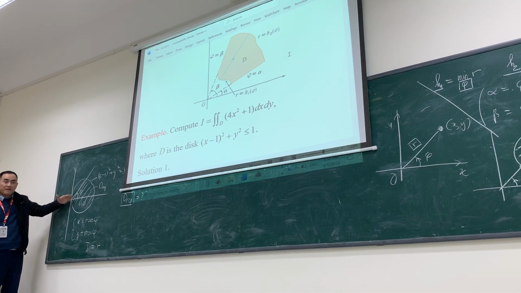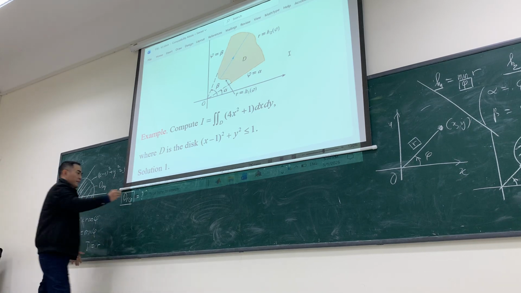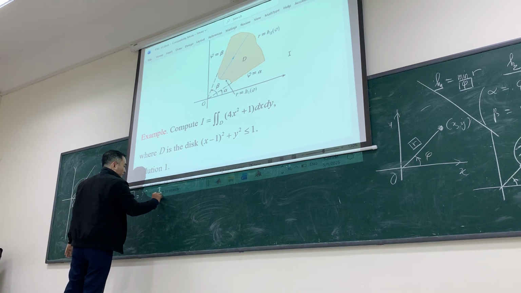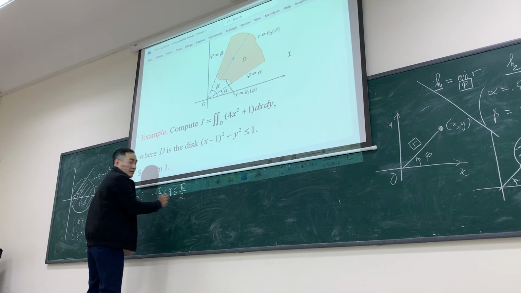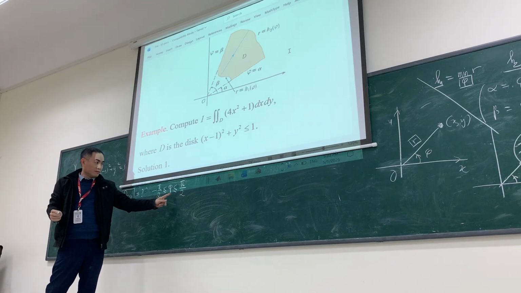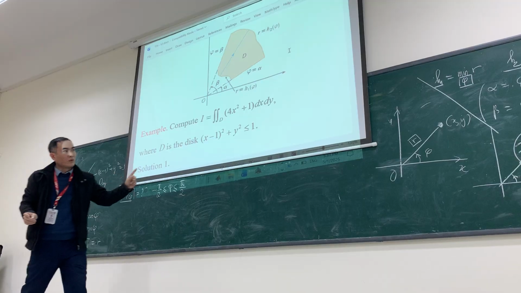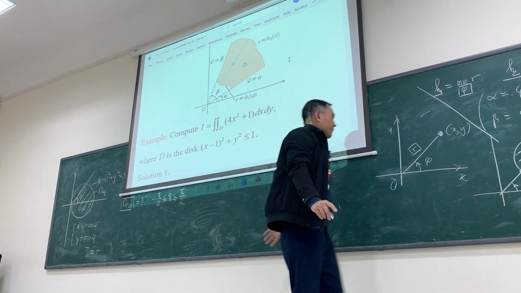Phi max is pi over 2. Okay? That means we can find the limit of phi. Now, continue. We need to find the limits of r.